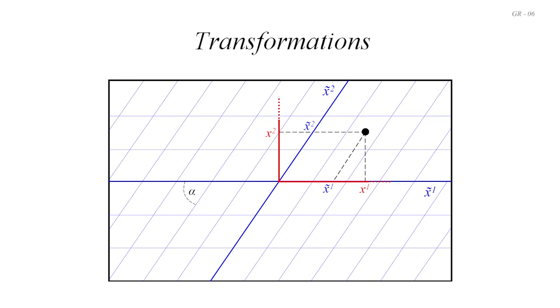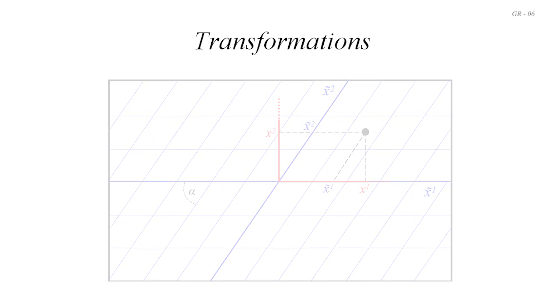Again, it should be obvious that generally speaking, one of the component measures in one frame is likely to be some function of both the measures from the other. In other words, the blue x1 tilde is likely to be some function of both the red x1 and the red x2 measurements, and similarly for x2 tilde. Mathematicians might write such a set of conversion equations like this.